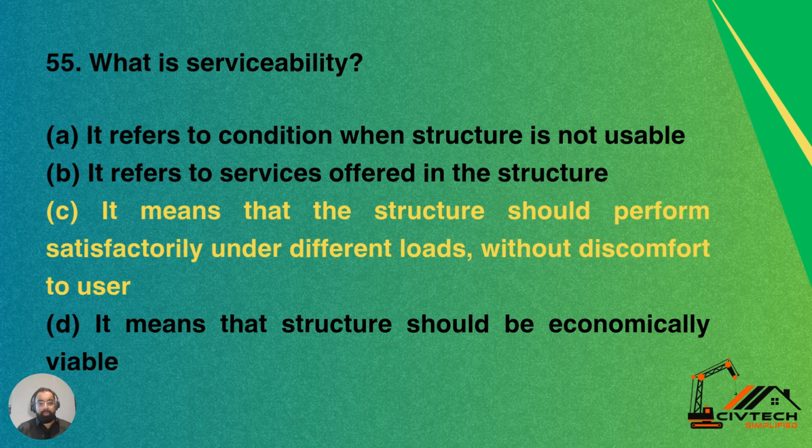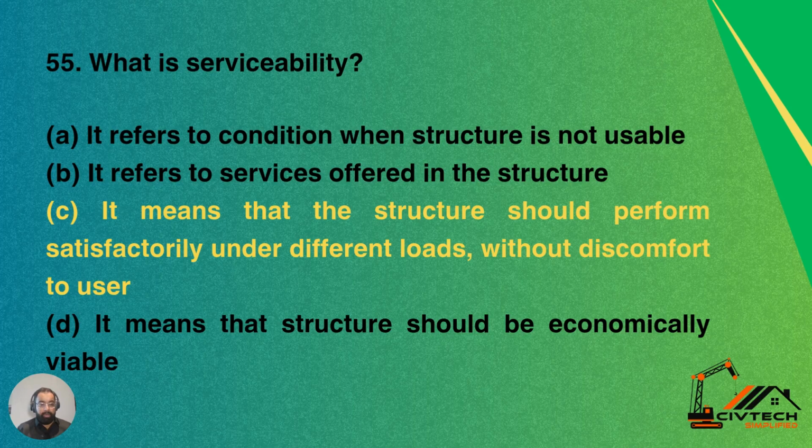Question 55. What is serviceability? We already referred to this term in the last question. Option A, it refers to condition when structure is not usable. Option B, it refers to services offered in the structure. Option C, it means that structure should perform satisfactorily under different loads without discomfort to the users.